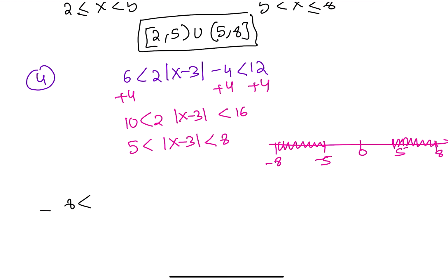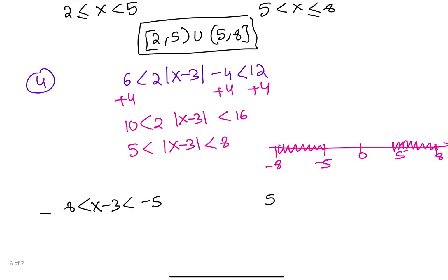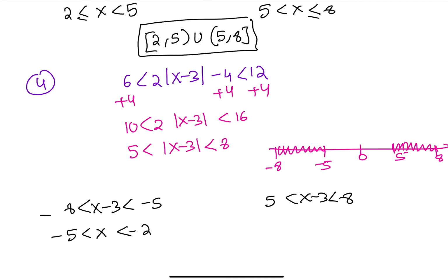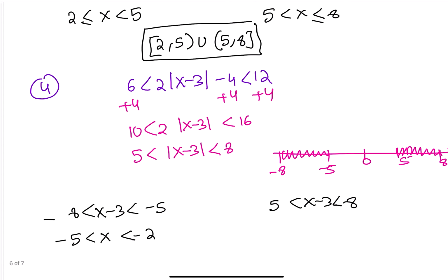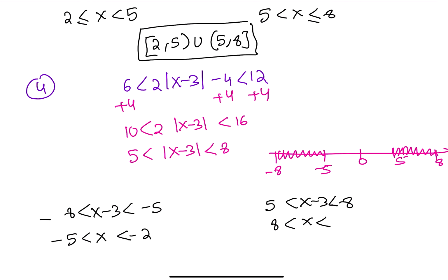So I'm going to split it into two inequalities. The number x minus 3 can lie between -8 and -5, or the number can lie between 5 and 8. So solve them individually, add 3 everywhere, -5 less than x less than -5 plus 3 is -2. And when I add 3 here, this is going to be 8 less than x less than 11.